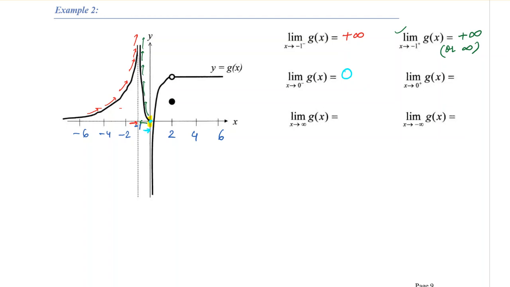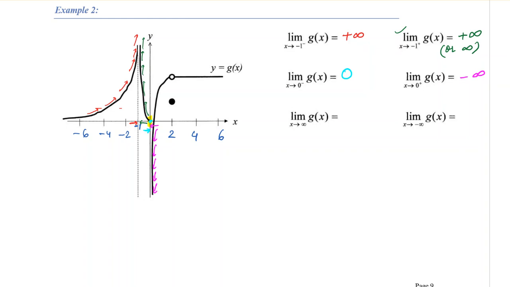Next one is when x approaches 0 from the positive side. Here is our positive side. And when it's approaching 0, where does the y value go? The y value is approaching negative infinity.